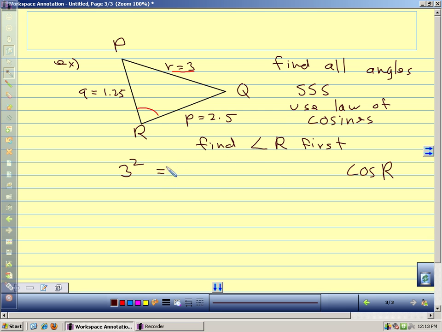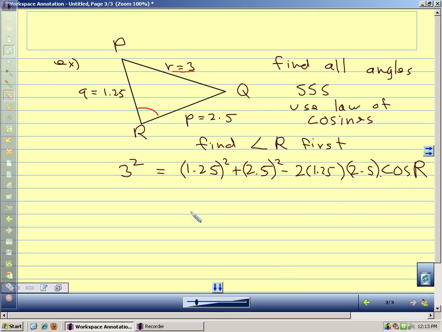So I'm going to say this is 1.25 squared plus 2.5 squared minus 2 times 1.25 times 2.5 times the cosine of R. So I have my side here, I have the angle on the other side, and the other two sides that are on either side of my angle are here in my equation.